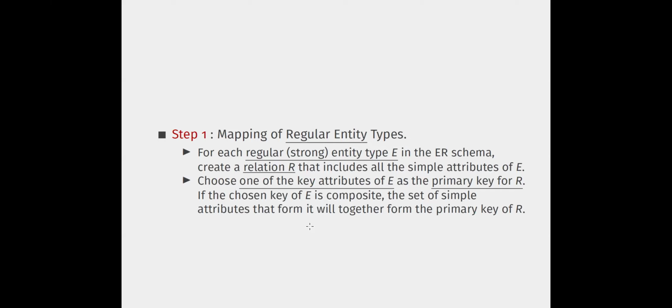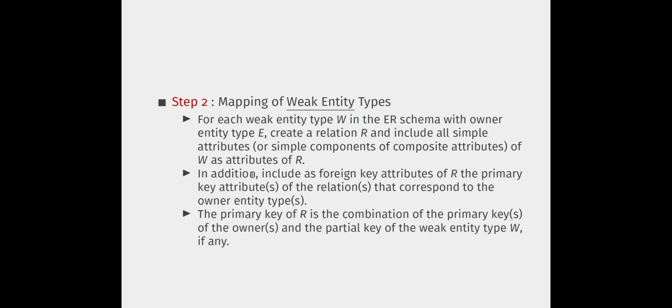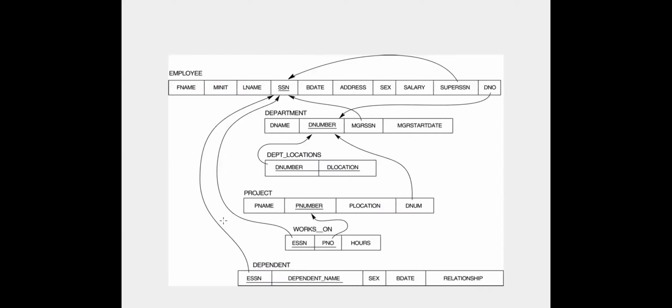Okay, right. Next one. How do you map a weak entity type? Similar to the previous one, it says you have to create a relation and include all the simple attributes. Then you get the primary key of the identifying relation, and you include it here, and then you say it's a foreign key. Let me explain.